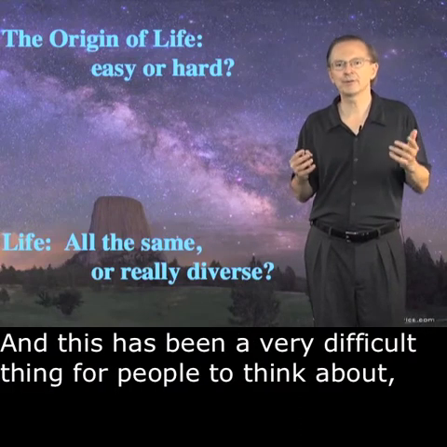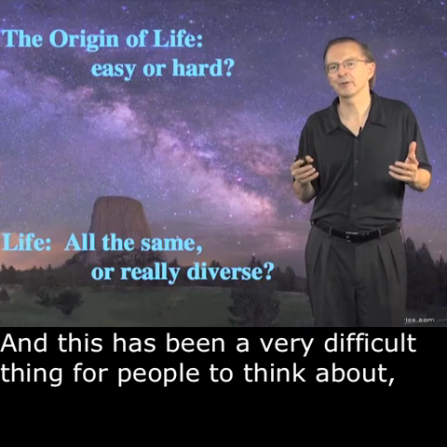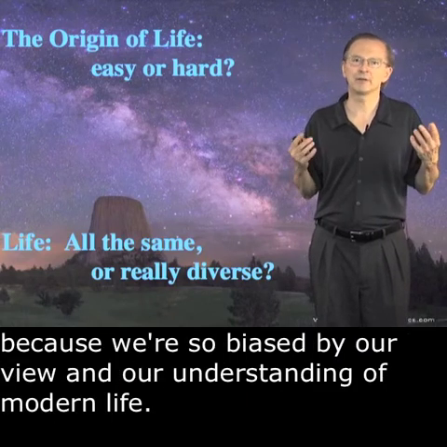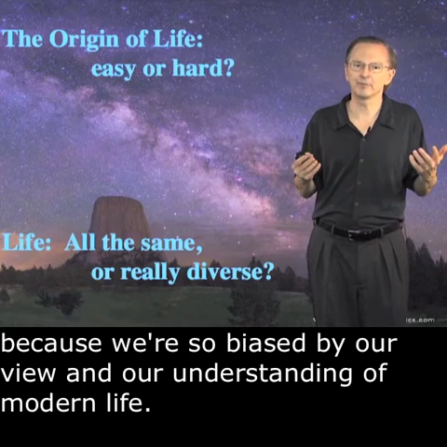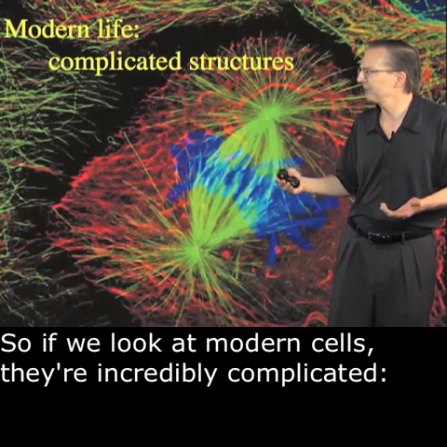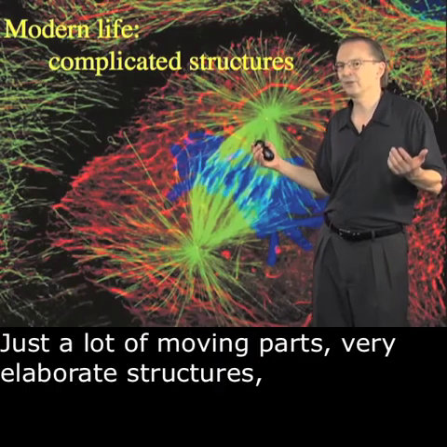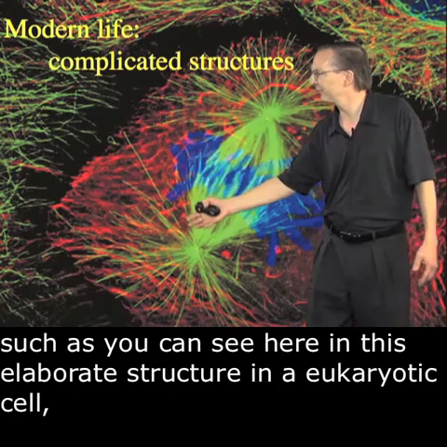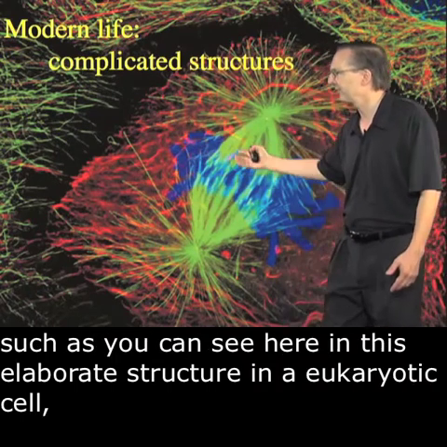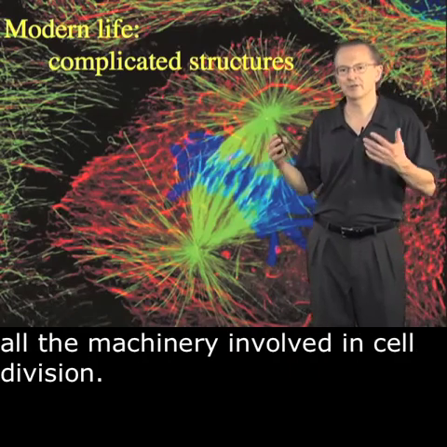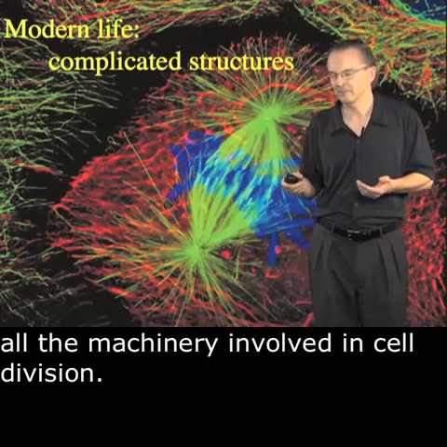And this has been a very difficult thing for people to think about because we're so biased by our view and our understanding of modern life. So if we look at modern cells, they're incredibly complicated. Just a lot of moving parts, very elaborate structures, such as you can see here, this elaborate structure in a eukaryotic cell, all the machinery involved in cell division.